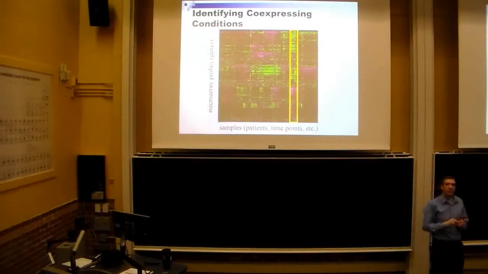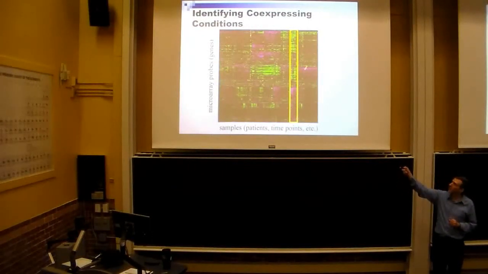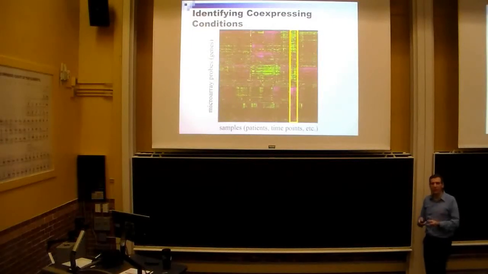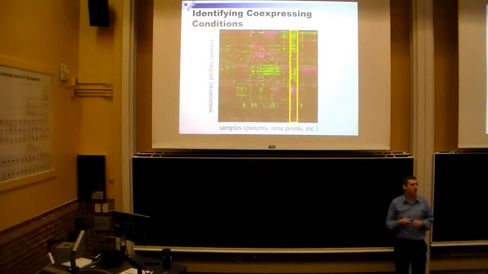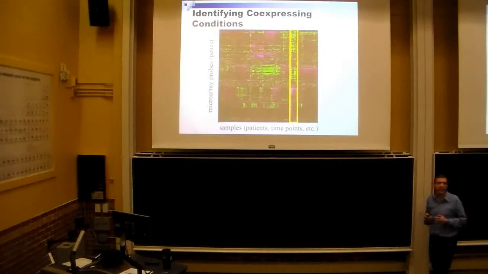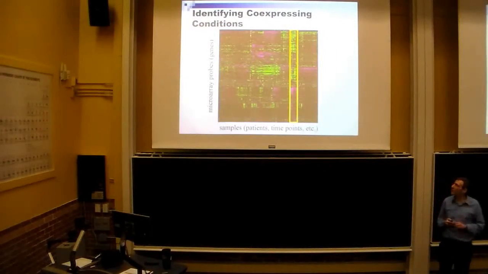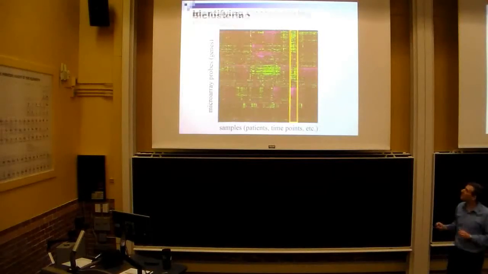If these were different experimental perturbations you were interested in, so different drugs you apply to your samples, then we might want to know that some drugs elicit common patterns of expression, which might suggest that they're interacting with similar pathways within the organism. And, of course, there are lots of other instances of this.